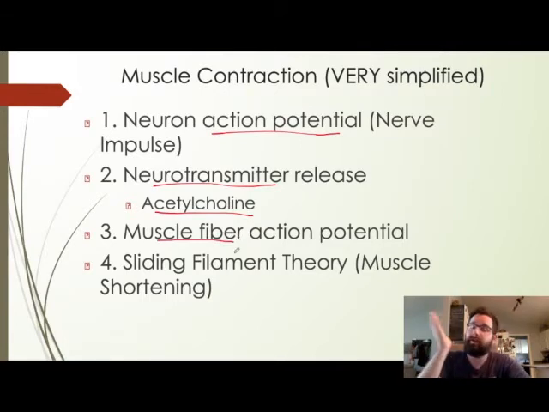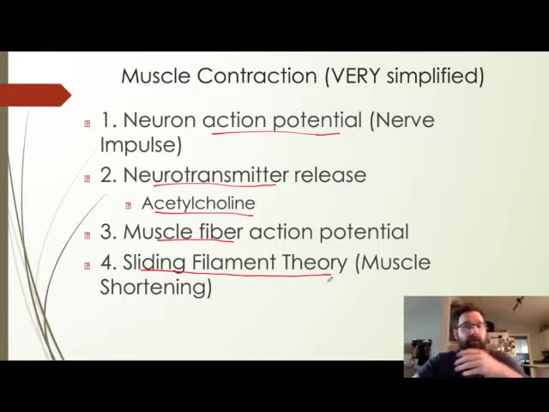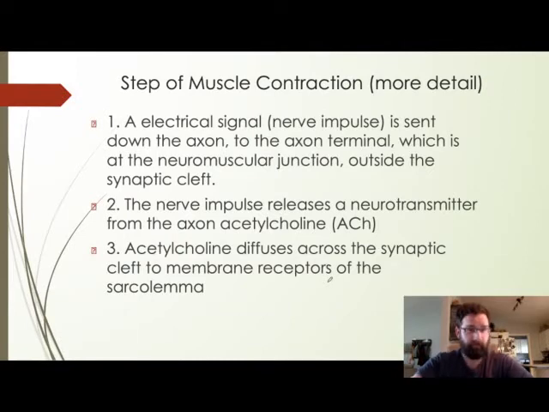So that signal, that domino effect, is getting sent from the nerve to the muscle, and then it's continuing through the muscle, causing the muscle contraction, which is through something we call the sliding filament theory, which is all the stuff we've talked about already with the myosin and the actin, causing the actual contraction of the muscle in those sarcomeres.